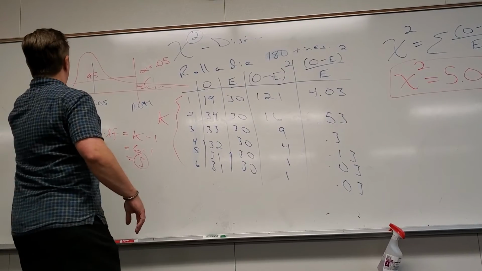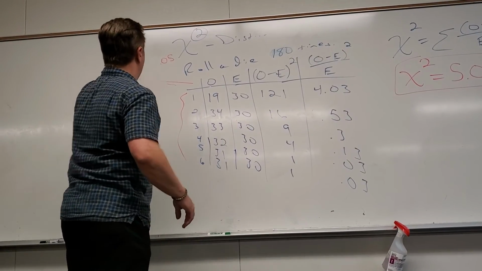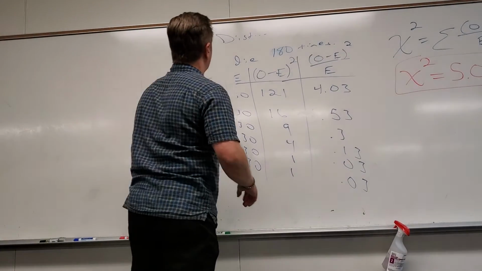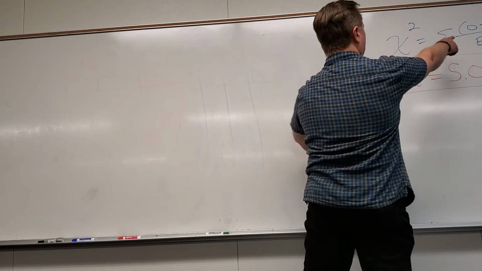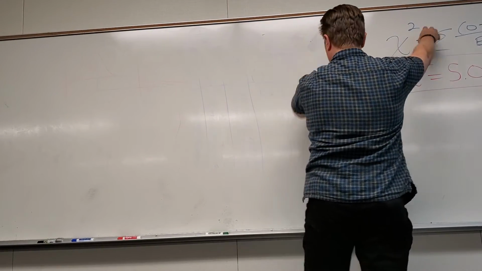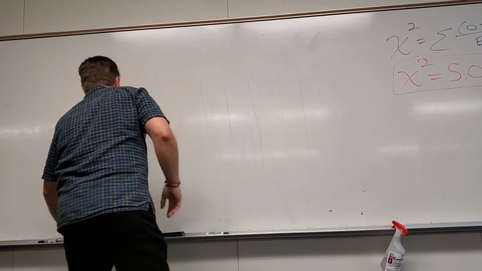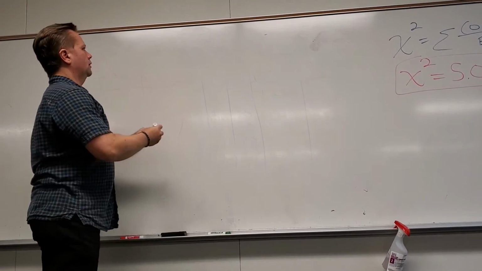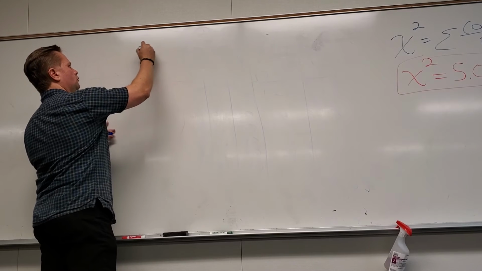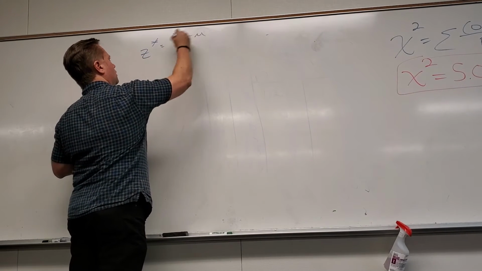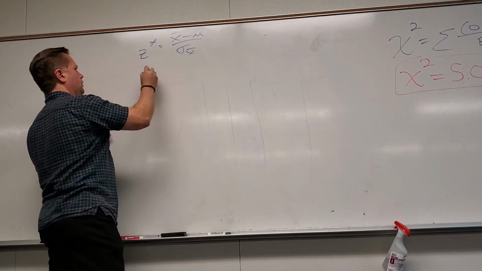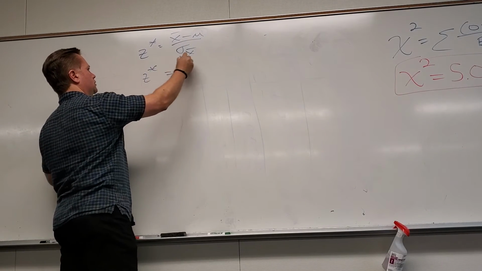So I want to show you one more thing here. That's going to be another formula we can put on our formula sheet. So real quick, you know how Z star has got all these different, well, just two main ones really.